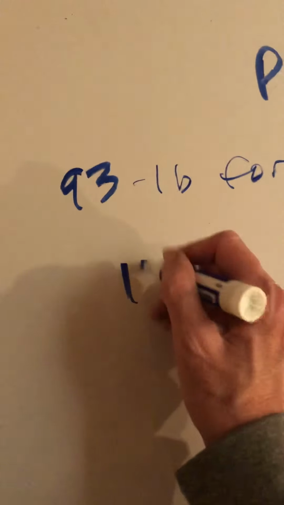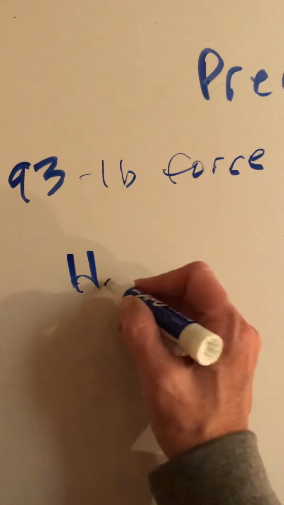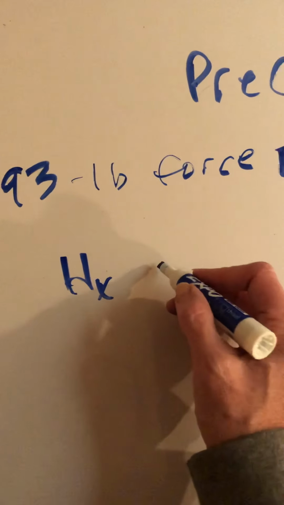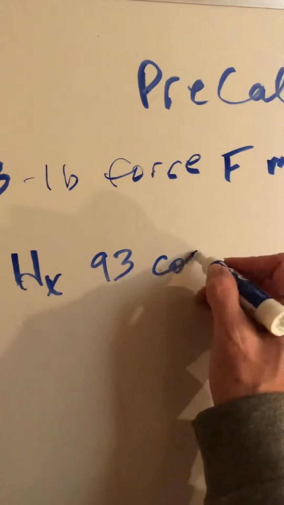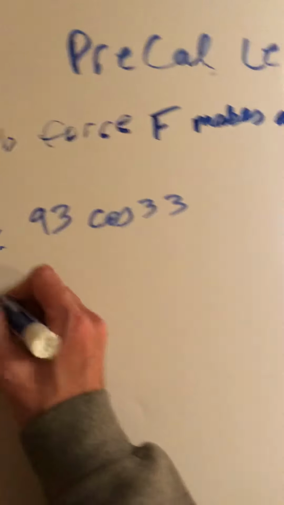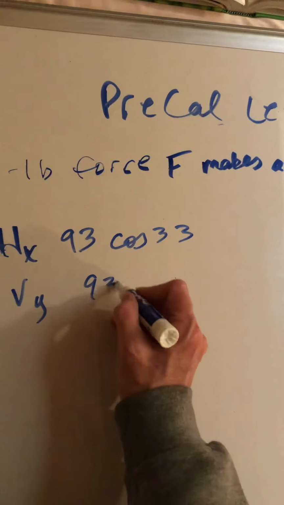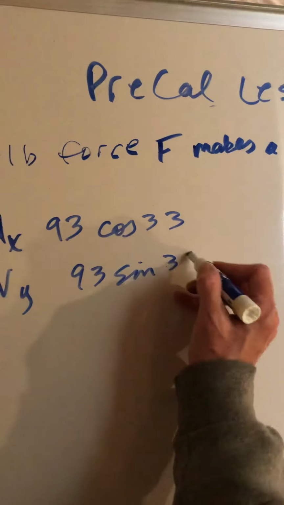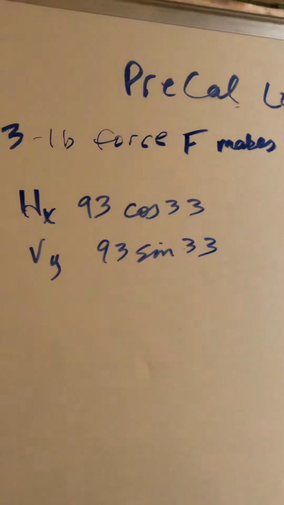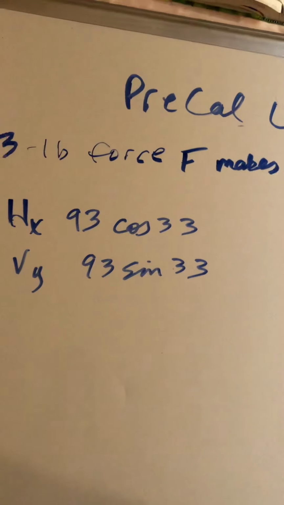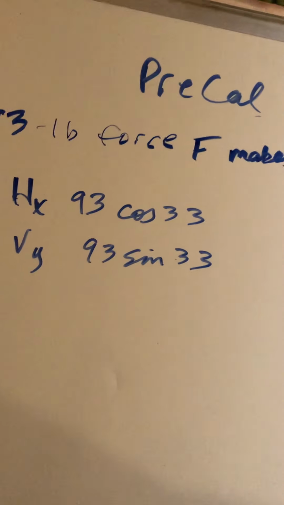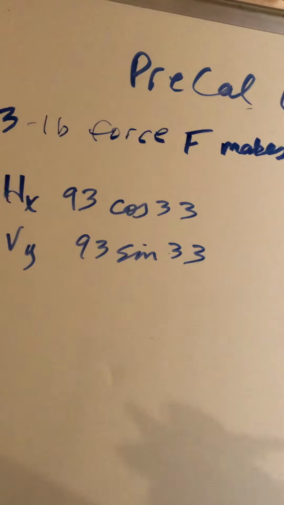So I want the horizontal component H, which is your x, which is 93, that's your force, cosine 33. Then the vertical component, the y, is 93 sine 33. Your horizontal is always the cosine, your vertical is always the sine, and I am giving you a shortcut on that.